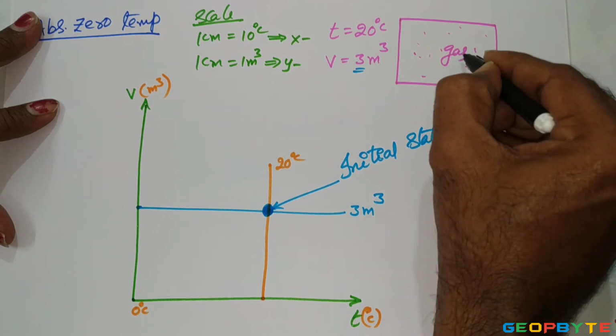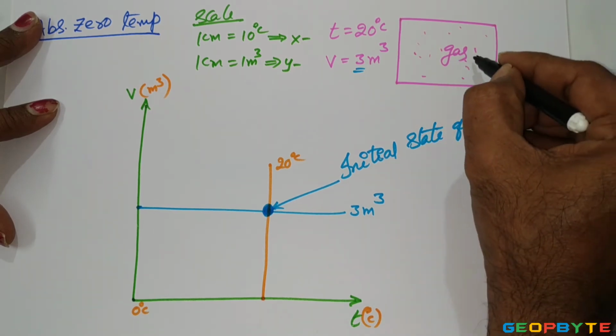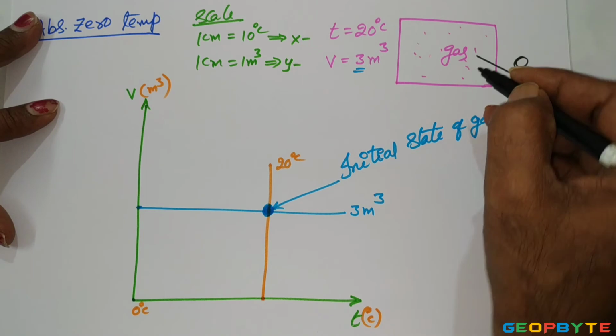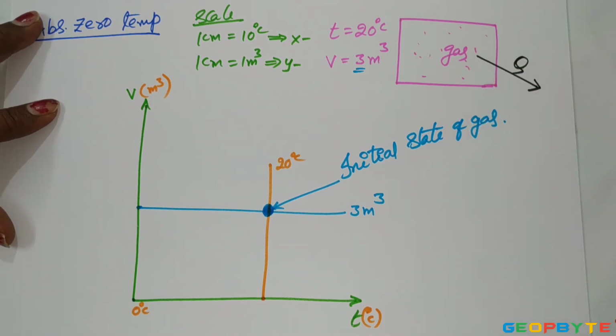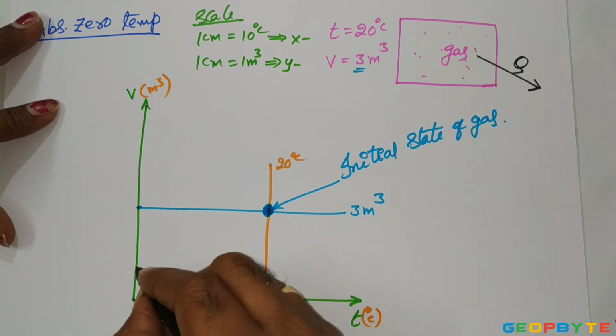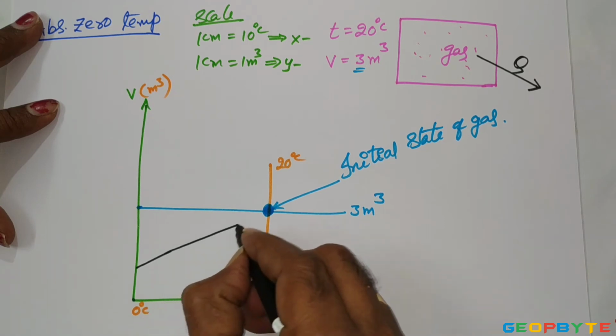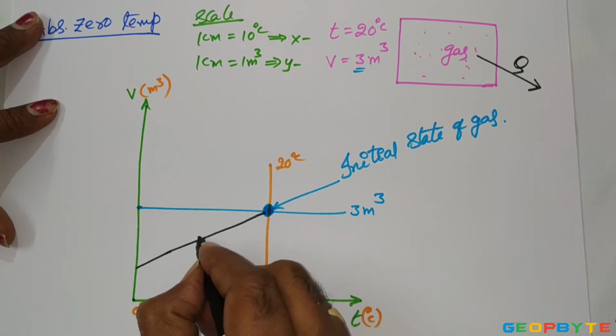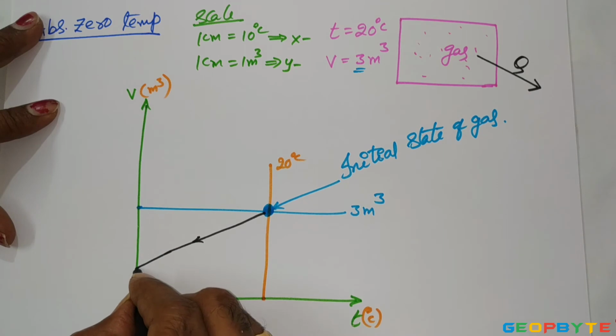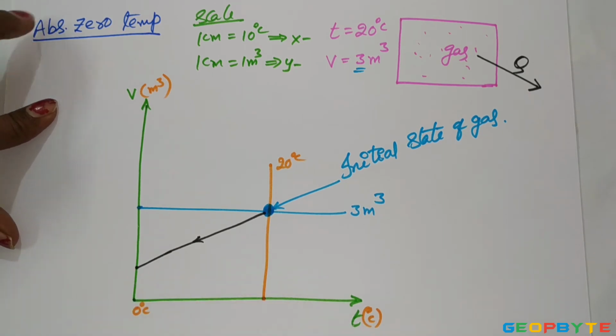Once the gas keeps on dumping the heat, the temperature of this gas keeps on decreasing. Once the temperature is decreasing, molecular free motion is decreasing. Therefore, along with the temperature, volume occupied by the gas due to free motion is decreasing.